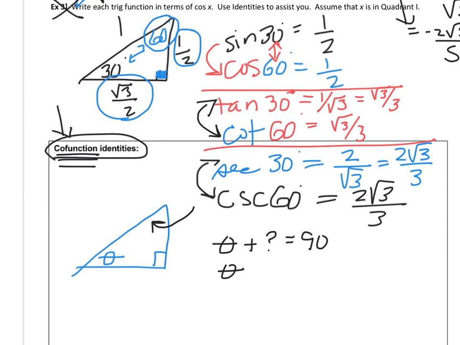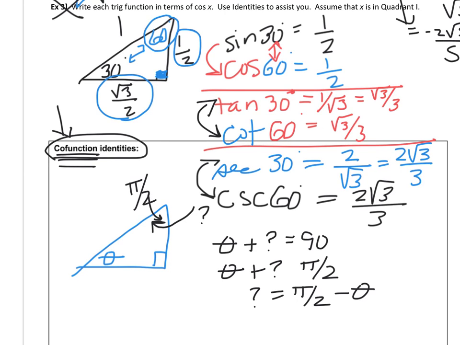Now, what we learned in our Unit 4 is that 90 degrees is pi over 2. So if I want an expression for that top angle that I don't know, I can simply subtract theta from each side, and that unknown would be pi over 2 minus theta. So that's what we're going to call this angle right there. Pi over 2 minus theta.